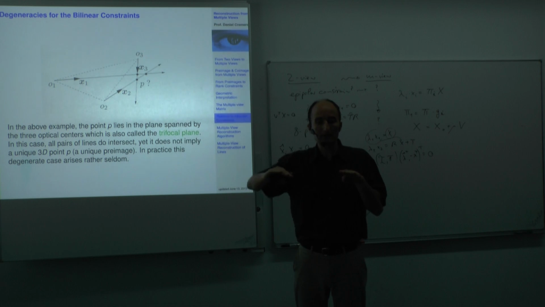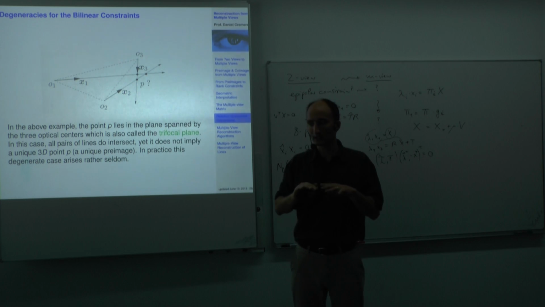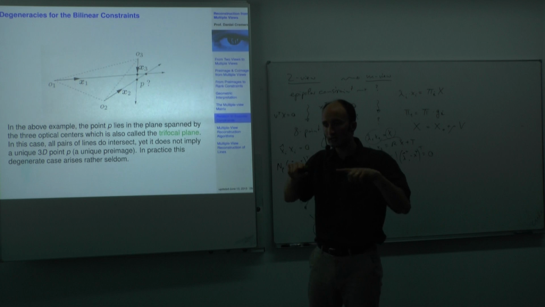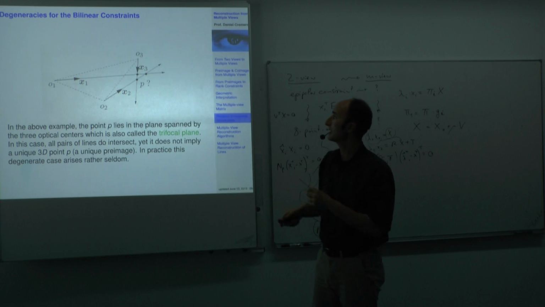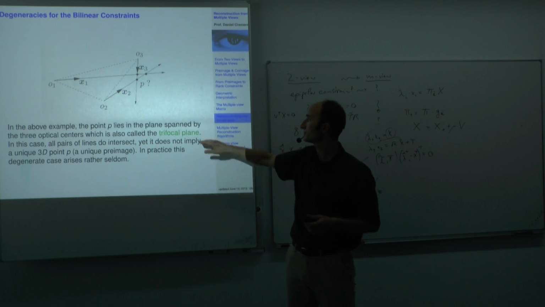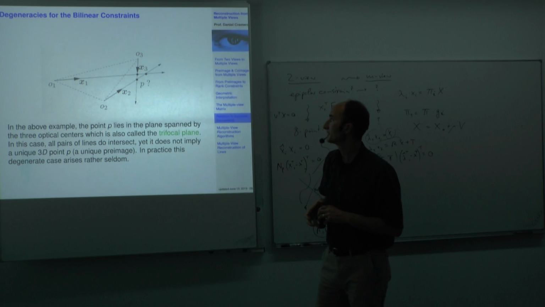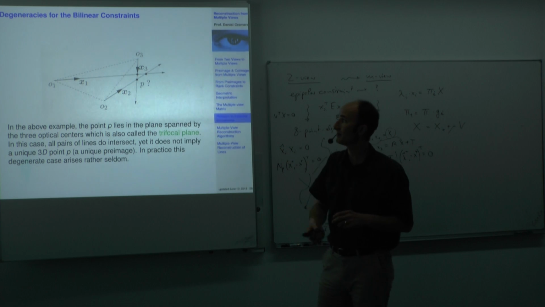So I'm considering a camera where all rays to the points actually are in the same plane. It's called the trifocal plane. So the optical centers of the cameras, the point P lies in the plane spanned by these optical centers.